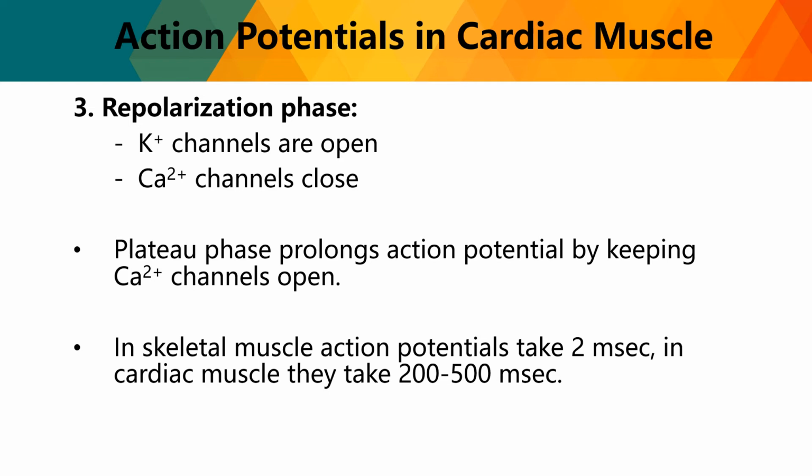So in the skeletal muscle, action potentials take around 2 milliseconds. In cardiac muscles, they take around 200 to 500 milliseconds. So mas matagal siya compared to the action potentials of your skeletal muscles. So, mas mabilis kapag sa skeletal muscles.